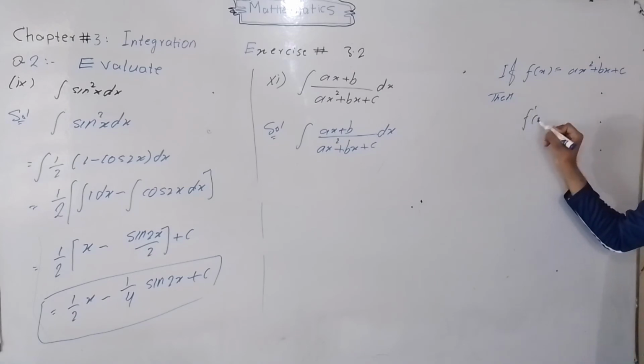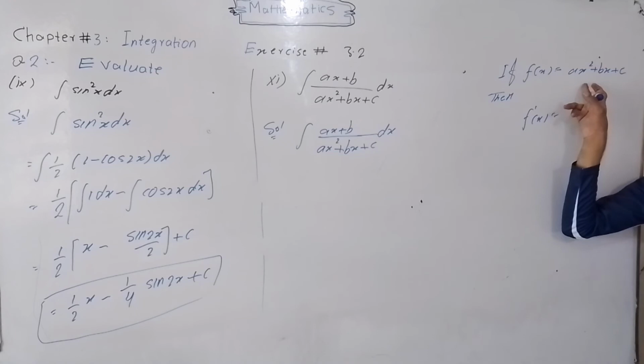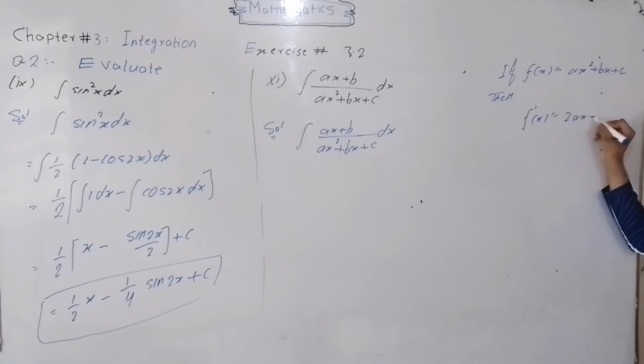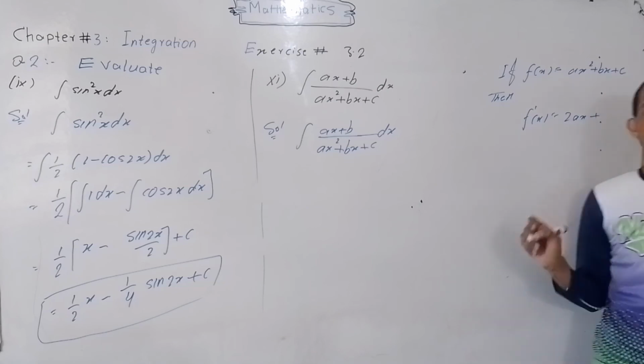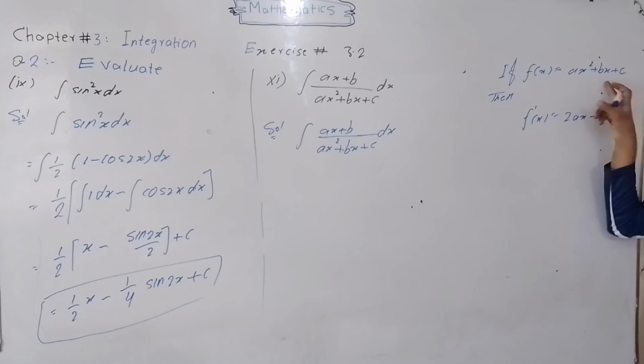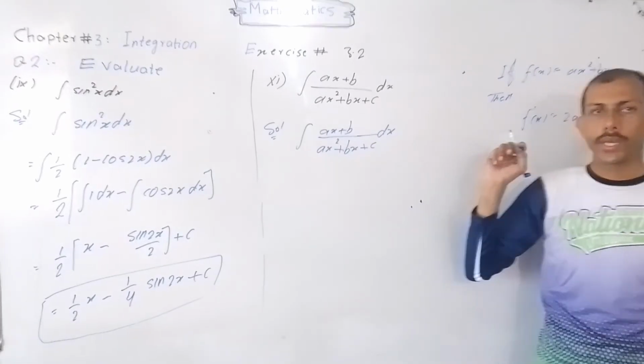f prime of x is equal to the derivative of ax square with respect to x, which is 2ax, plus the derivative of bx with respect to x, which is b.